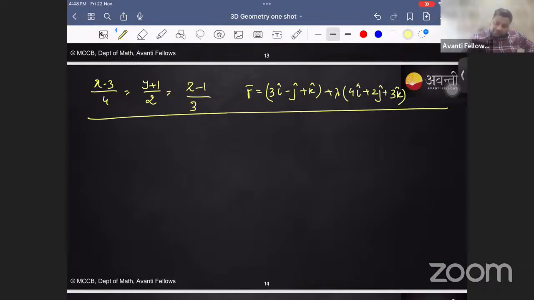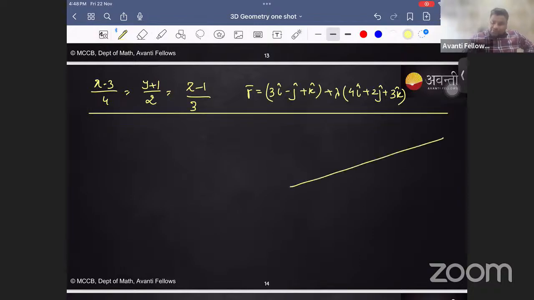Now, what if they ask you to find the equation of a line passing through two given points x1, y1, z1 and x2, y2, z2? First, in vector form, let this be point A and point B. You will assume a point R on it.